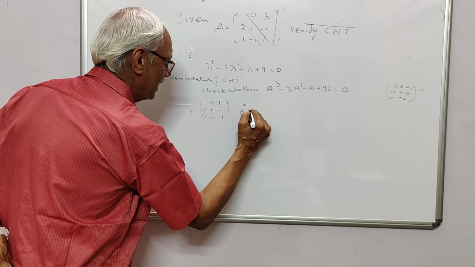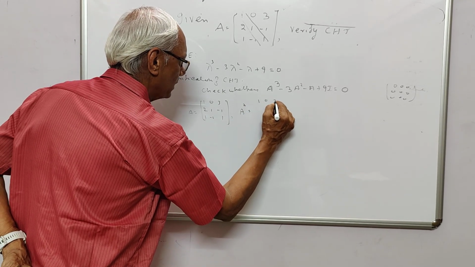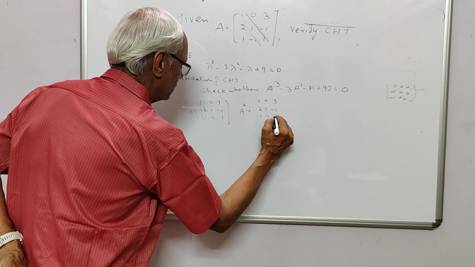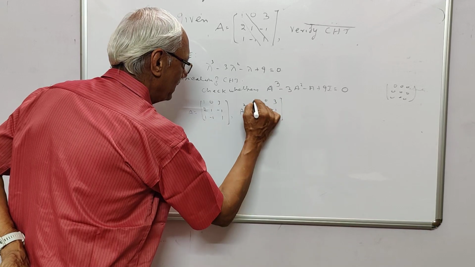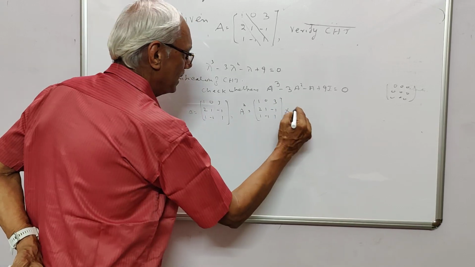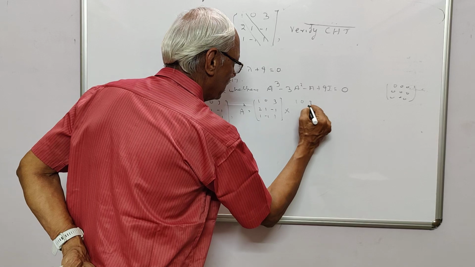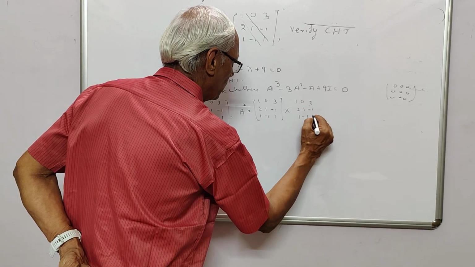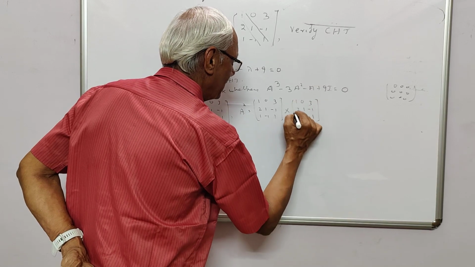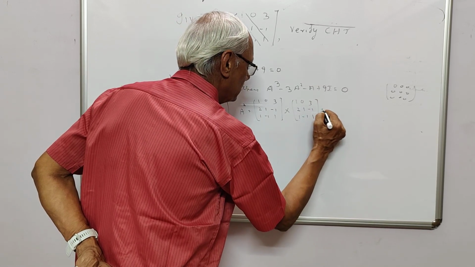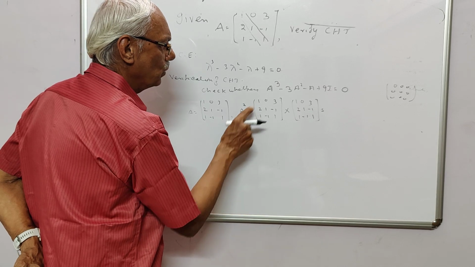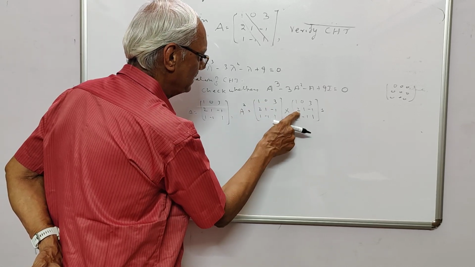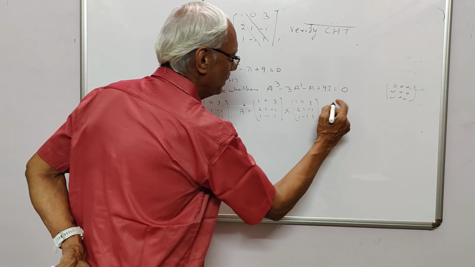Your A squared is 1 0 3, 2 1 minus 1, 1 minus 1 1, multiplied by 1 0 3, 2 1 minus 1, 1 minus 1 1. Now you have to do first row into first column. 1 into 1 is 1, 0, 3 into 1 is 3. So it is 4.